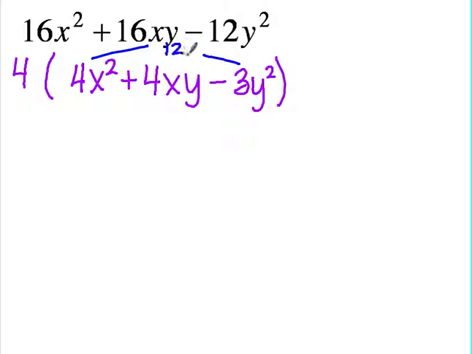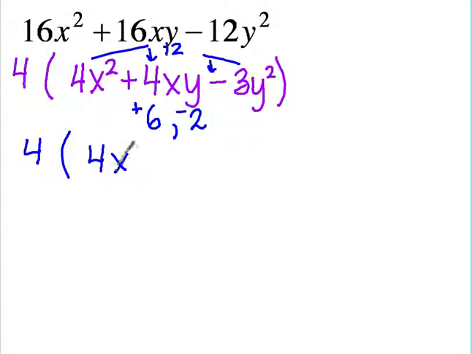So two factors of 12 that differ by 4. Yep, 2 and 6. How do you get a positive 4 from 2 and 6? Positive 6, negative 2. So what does that next one look like? Yep, 6xy.